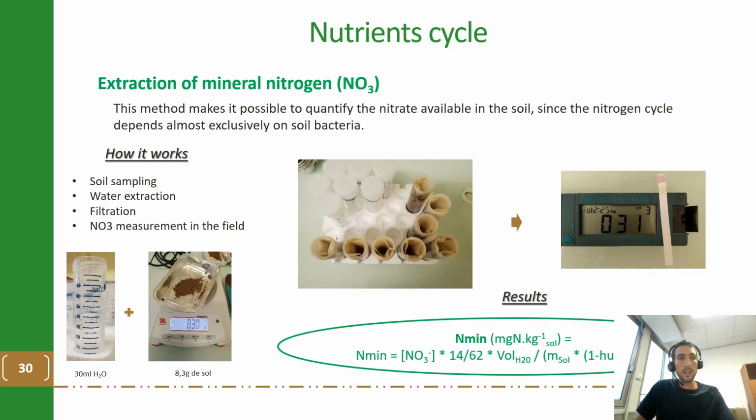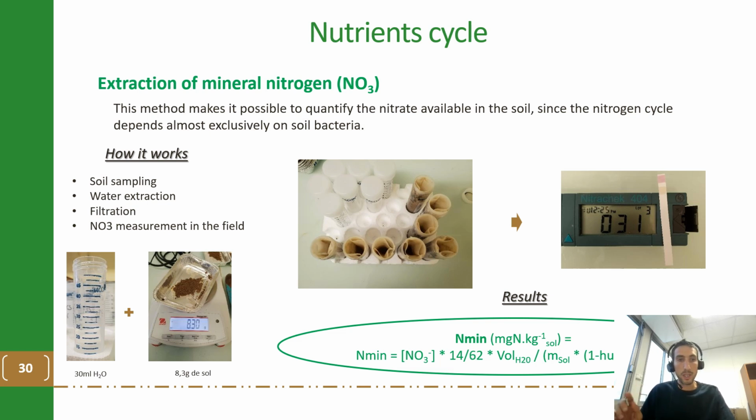We have recently introduced a method for measuring soil nitrate using an instrument called the nitrate check, which can be used to take measurements in the field. To do this, we need to sample the soil, extract it with water, perform a simple filtration, and then dip a reagent strip to measure the amount of nitrate in the solution.